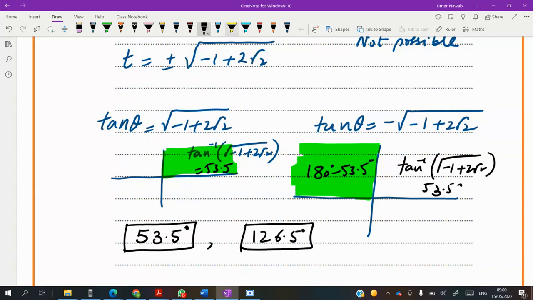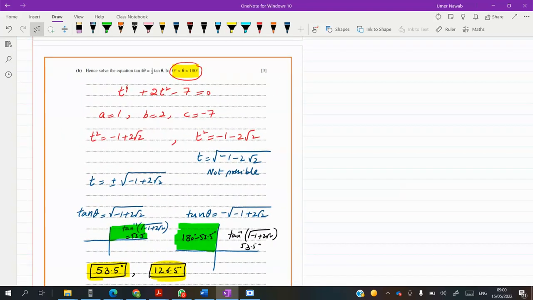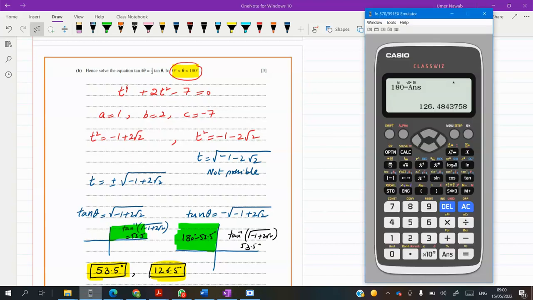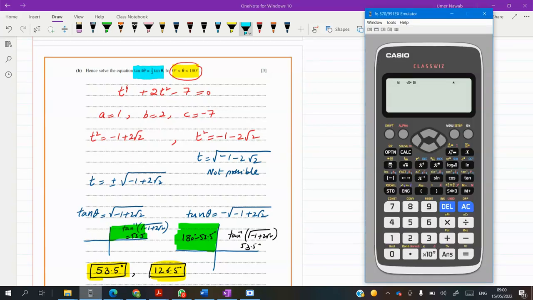Now you want to check your answer in the exam from your calculator's equation solver. The equation solver will be helpful for you to check your answer. So let me check the answer. I can write the top equation in the equation solver on the display of the calculator.